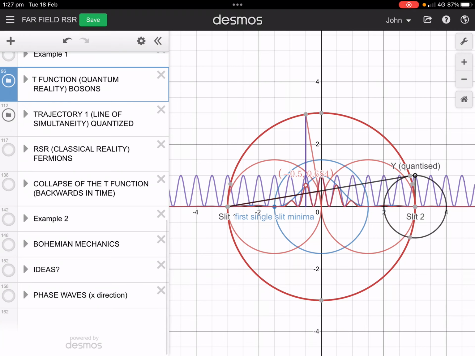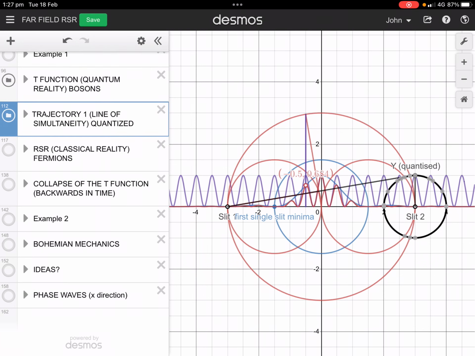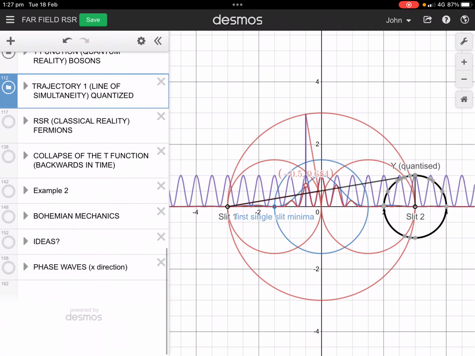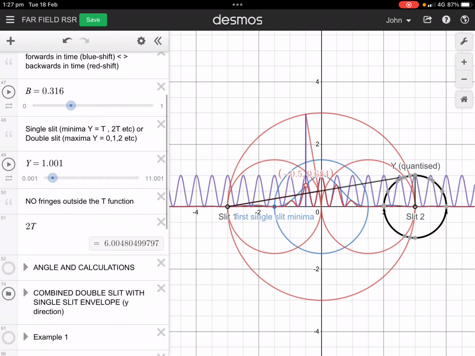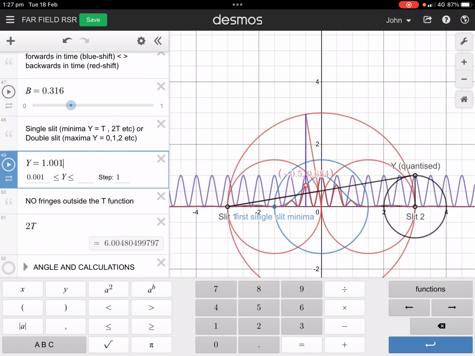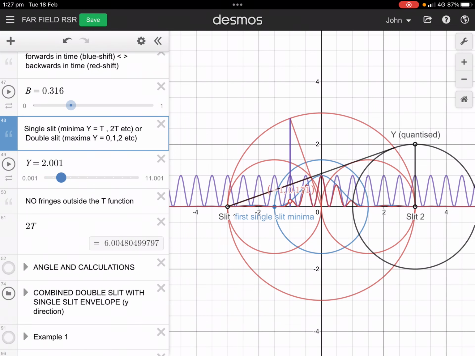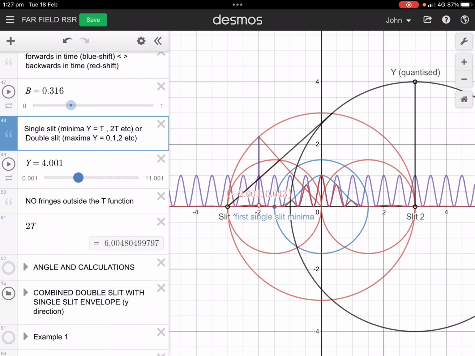So let's look at how come there's interference. I think it's because this is quantized, so y is quantized. So I'm stepping that, making it 1, 2, 3, 4.